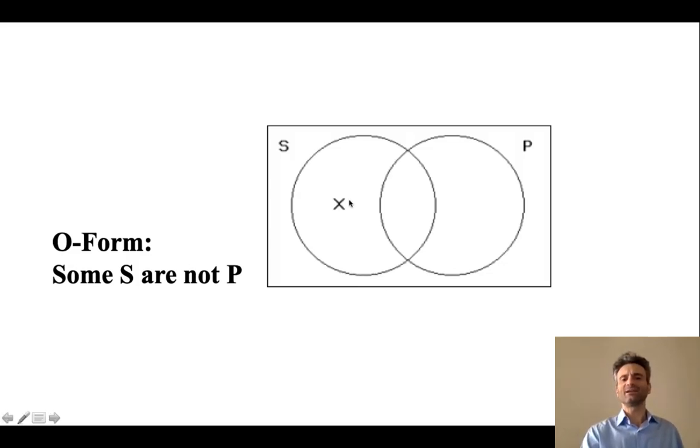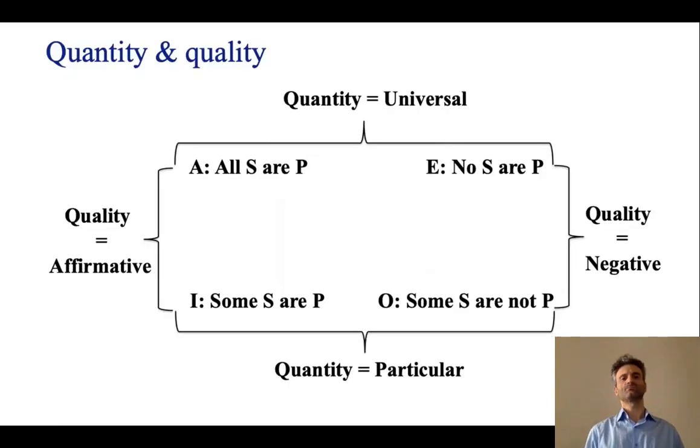What happens if I take this X and move it inside the circle P? In that case, I would say that some beautiful things are not blonde people. But in the O form, the X goes right here in S, the subject, in this case the blonde people. Okay, so these are the four forms.